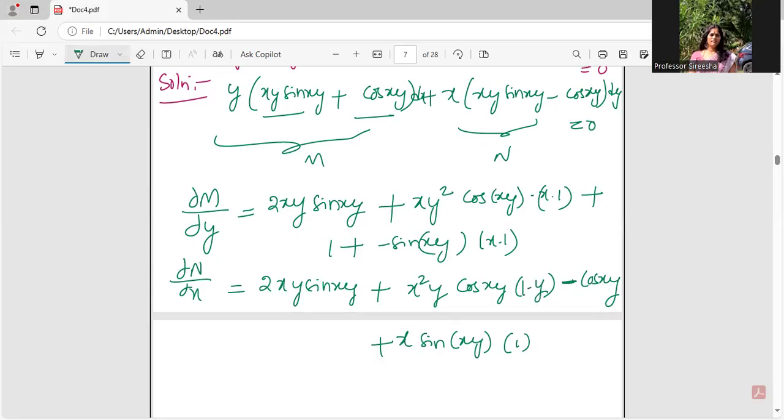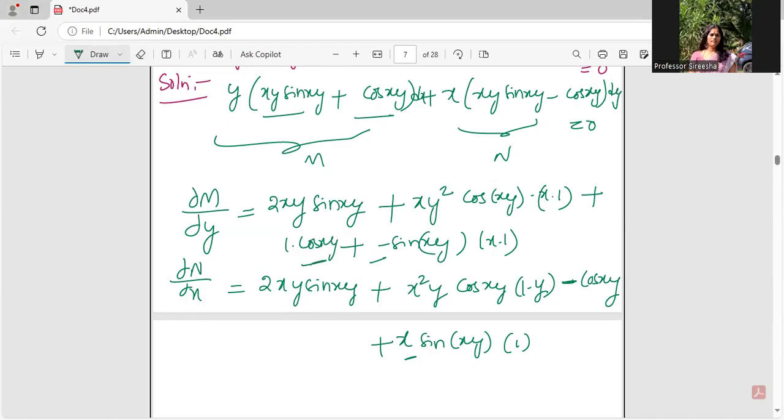Almost all the terms are same. But then there's one small change here. These two terms are same, but there's a plus minus variation. Coming to this term, y derivative is 1 here, and then cos xy will be there.